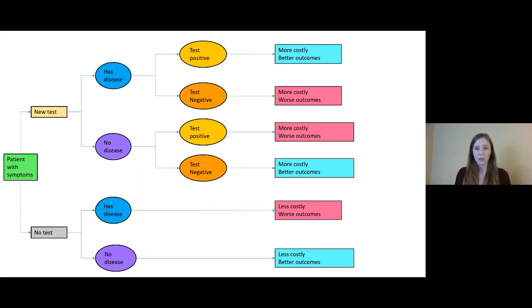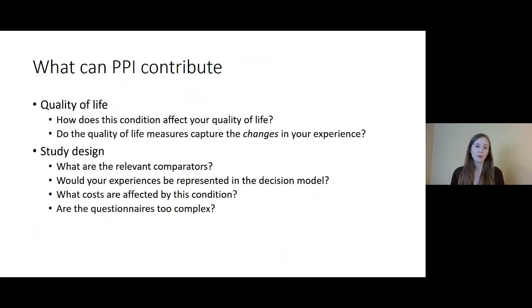So just to wrap up, I've already, as we've been going along, talked a little bit about what PPI participants can really contribute to health economics research, but just some specifics. As I've said throughout, a lot of how we do these valuations is through quality of life. So checking that the quality of life that we're building into our quality adjusted life years and so on actually match your experiences is incredibly important for us.